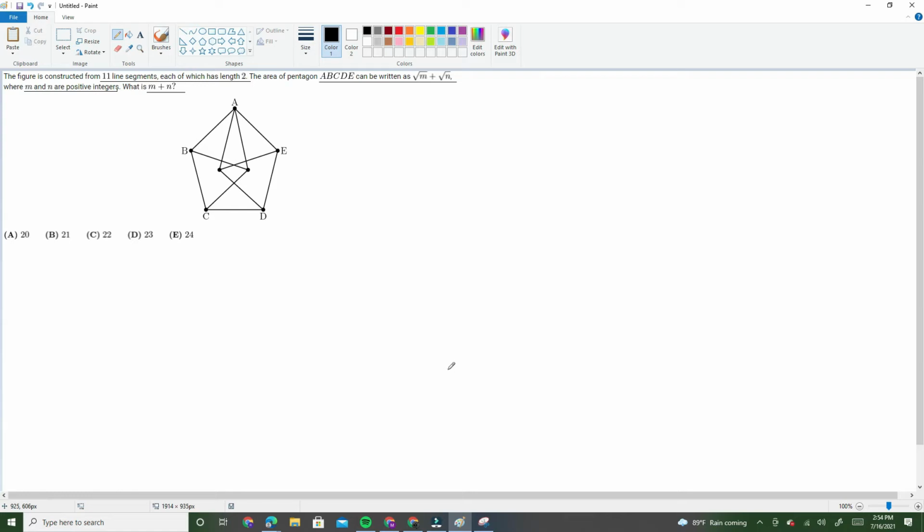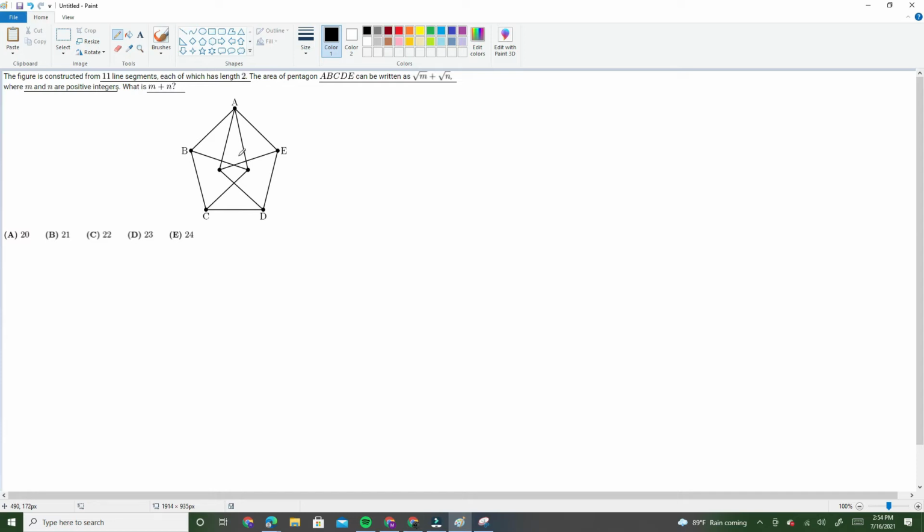So from here, the first thing worth noting is that this shape is really hard to deal with. So let's try to simplify it. All these lines on the inside are kind of complex, and they confuse us even further. So let's just draw a version of ABCDE that doesn't have all these lines to mess us up.